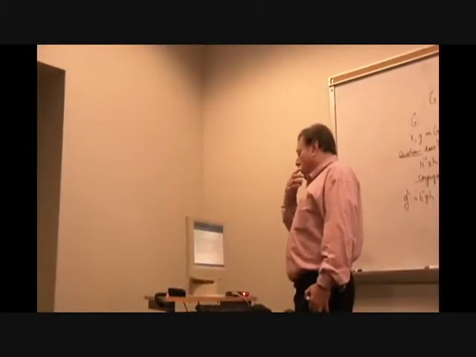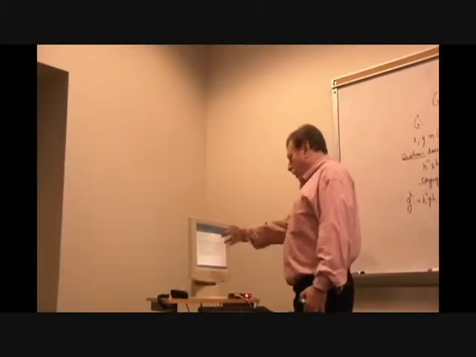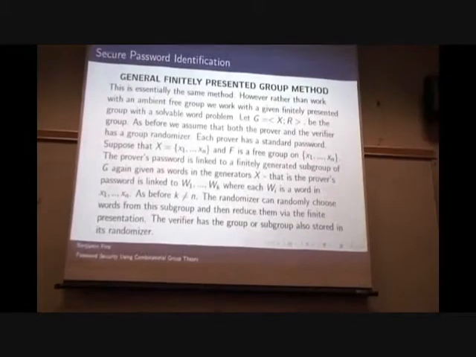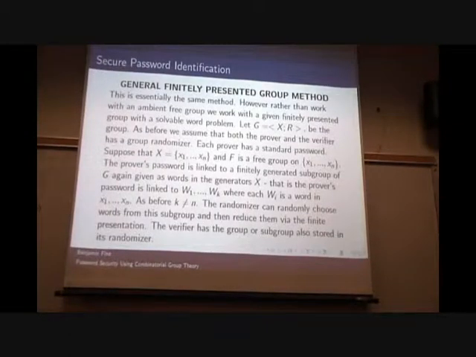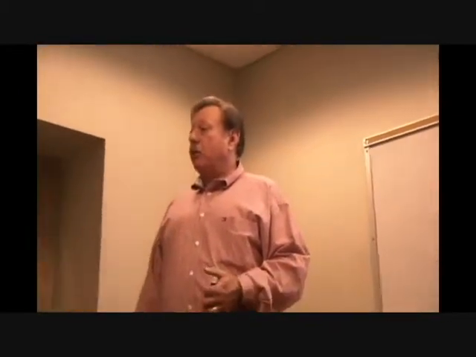essentially this presents a one-time keypad, and there's an enhancement. I won't mention that now. The general finitely presented method does exactly the same thing, but instead of using a set of free group words, you have a finitely presented group.